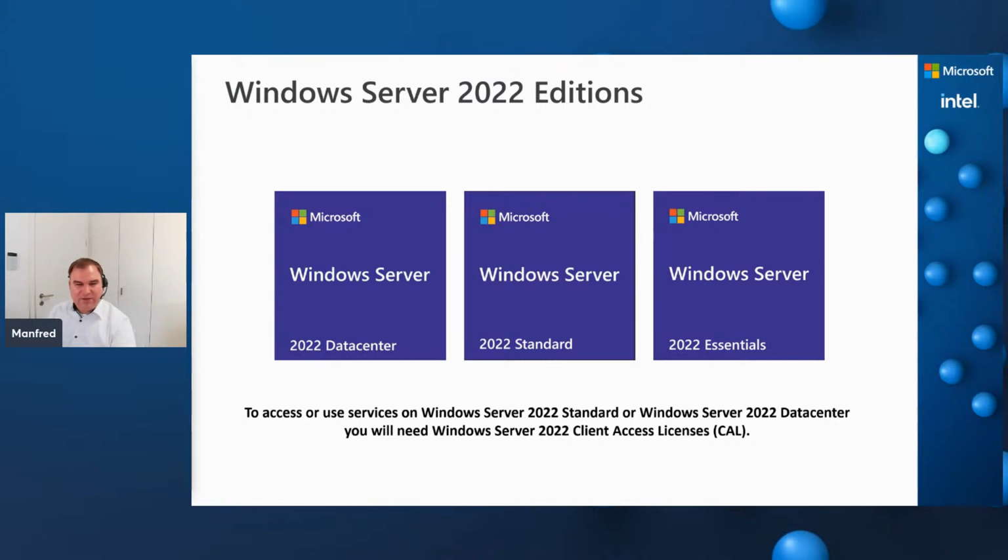So the usage rights to access this Essentials server are already included, but we also cannot expand it with client access licenses. Yeah, Standard and Datacenter, these are the scalable editions with minimum 16 cores we have to license, and we can license additional cores. Maybe you have any questions about licensing, so feel free to bring up your licensing questions here in the Q&A call.